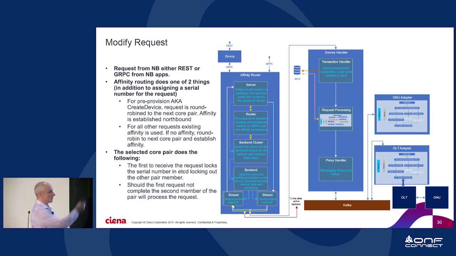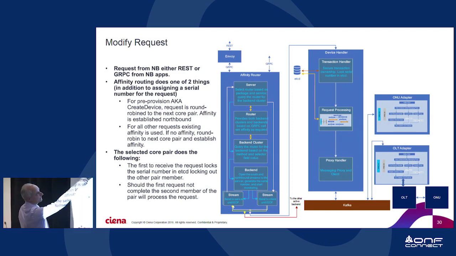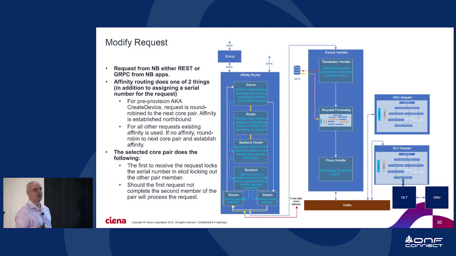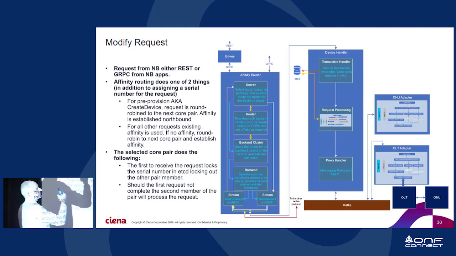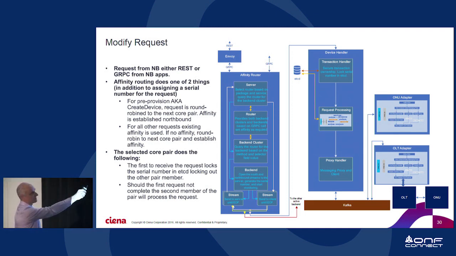So once it's gone through there, it hits the device handler. The transaction handler takes care of determining whether or not it's the one that's going to actually process the request. Once one of the two has successfully acquired the lock, it goes through the core, does the request processing, and then goes through the proxy handler, through the Kafka bus, and to the OLT and ONU adapters.